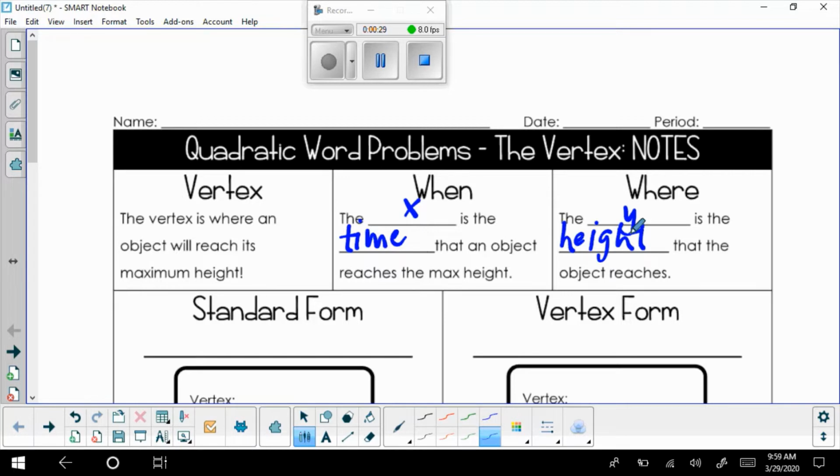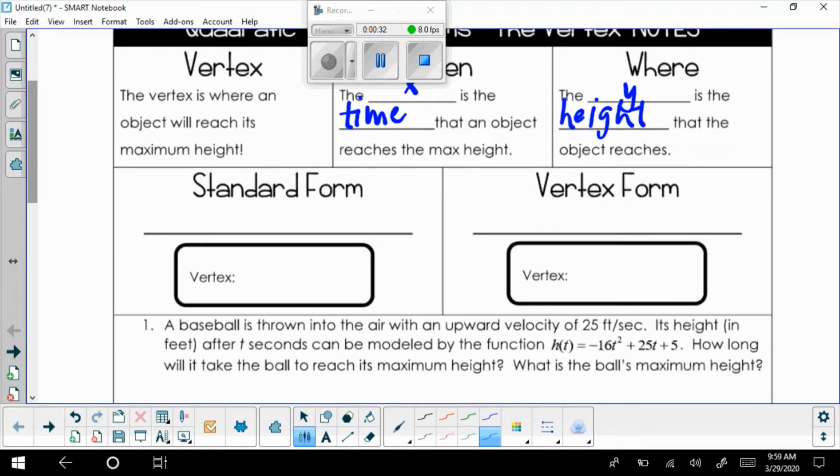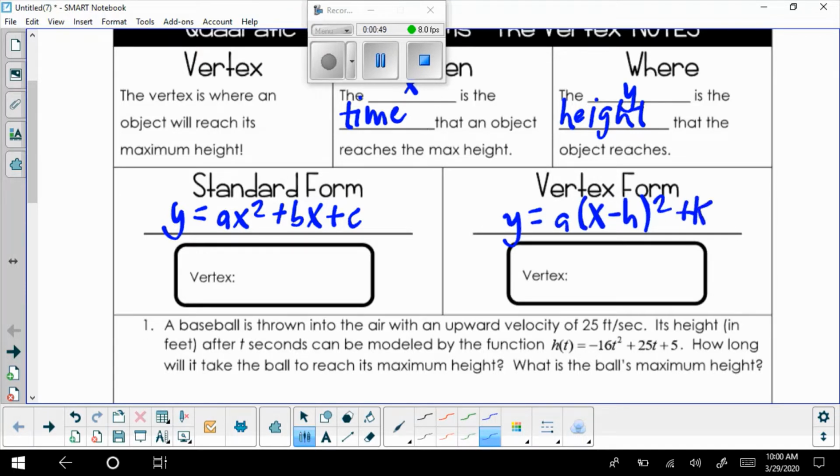that the object reaches. So standard form of a quadratic we should know is y equals ax squared plus bx plus c. Vertex form, y equals a times x minus h squared plus k.